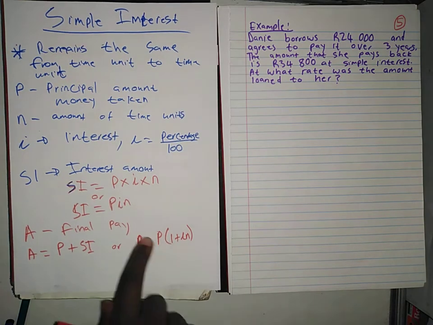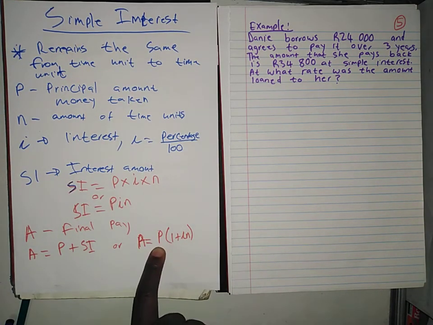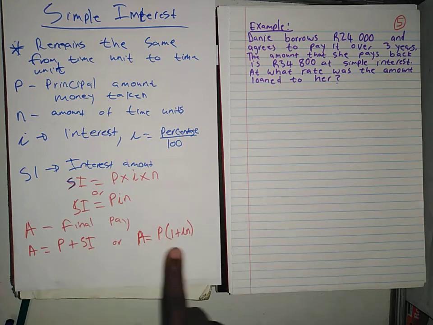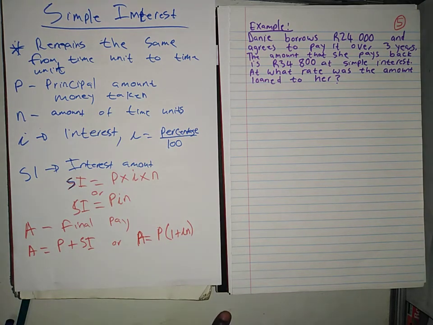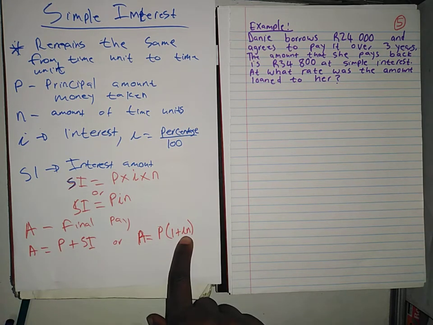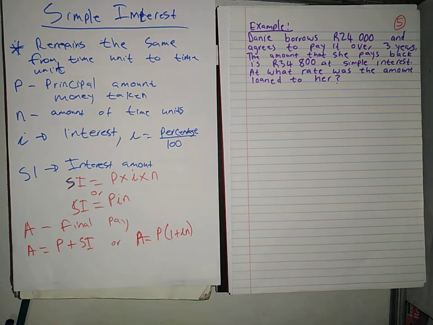We've been asked to get A, and we can also be asked to get P. Look for an exercise there and solve it. Now they want us to find I. So how do we go about finding I?